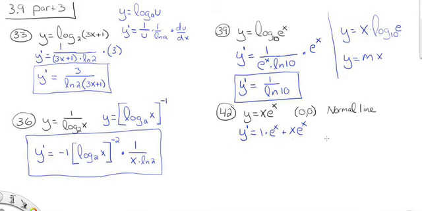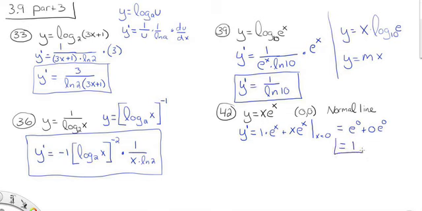So this is my derivative, and I want to evaluate it at x equals 0, giving me e to the 0 plus 0 times e to the 0. And 0 times anything is 0, so we're really left with e to the 0, which hopefully we realize is 1.